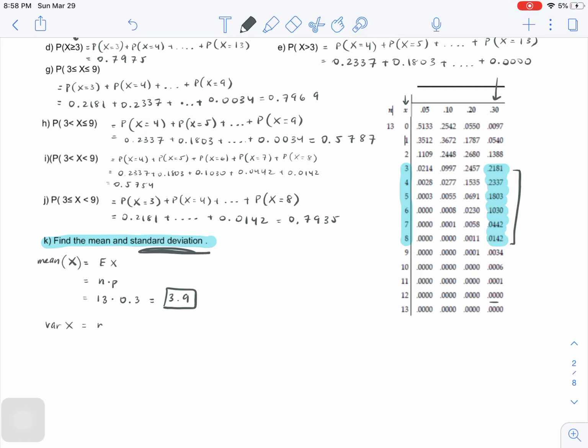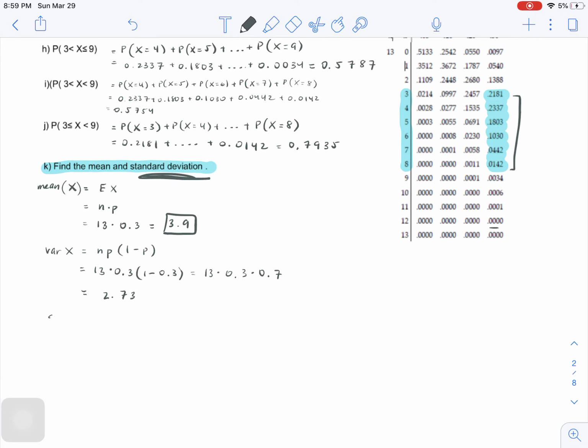So the variance of a binomial random variable is n times p times 1 minus p. So we plug in 13 times 0.3 times 1 minus 0.3. This is equal to 13 times 0.3 times 0.7. So this is equal to, if you plug into your calculator, 2.73.